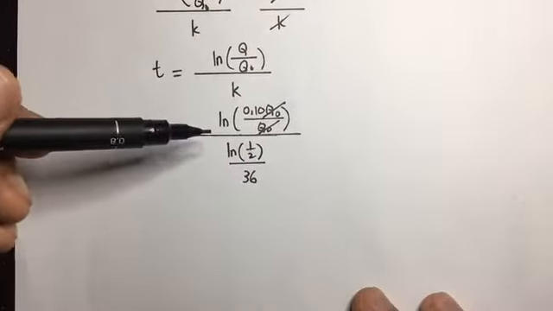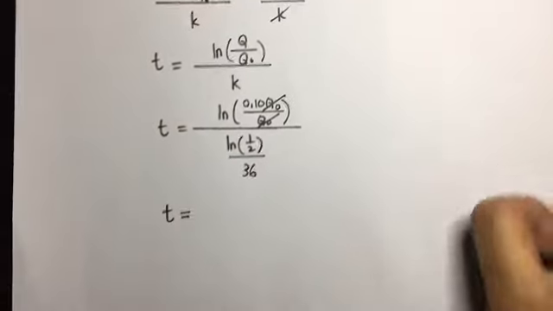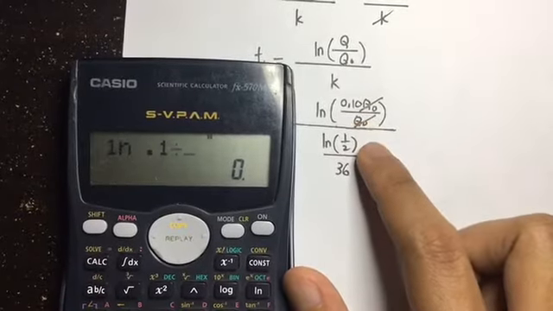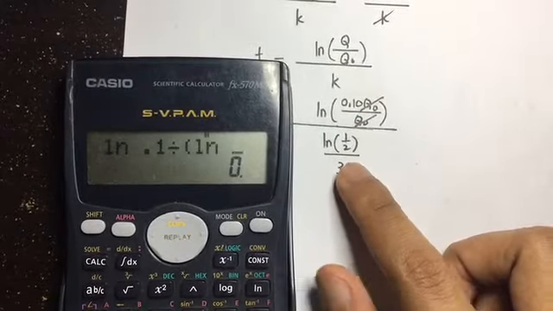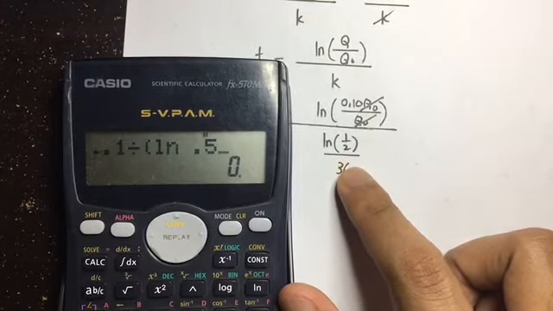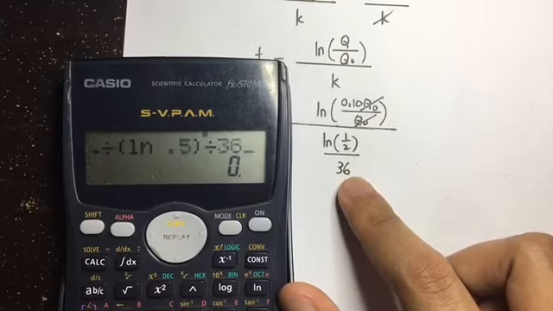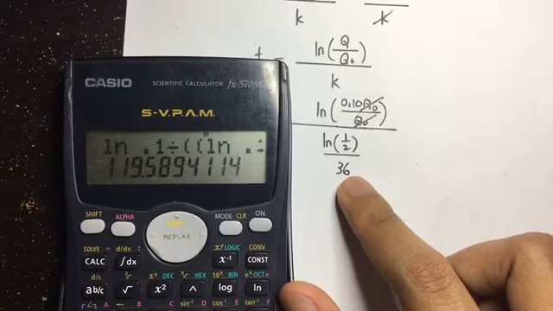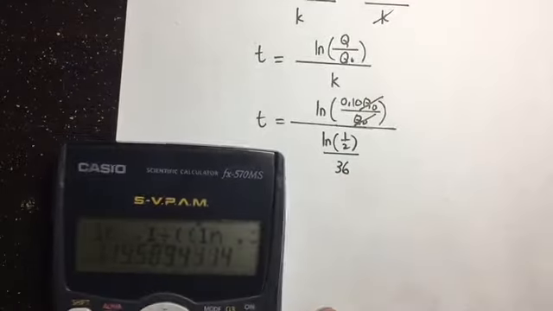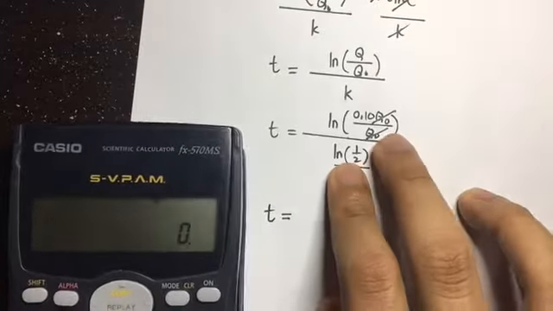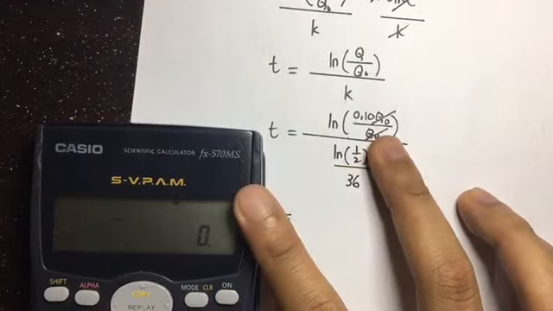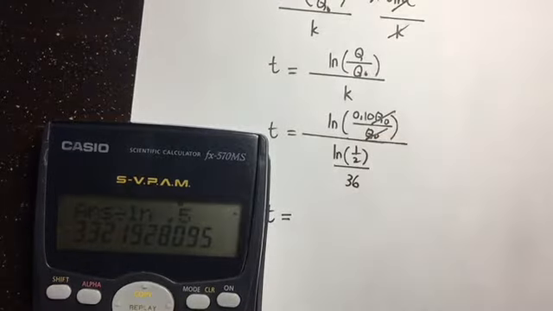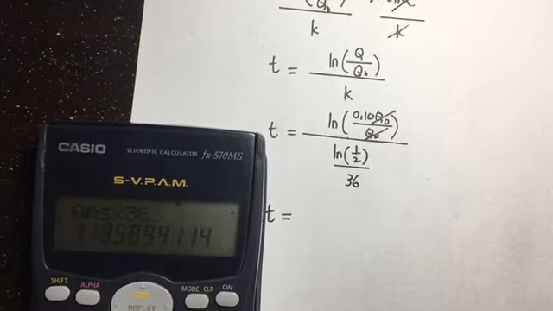Then t is equal to ln of 0.1 divided by ln of 1/2, which is 0.5, divided by 36, but we should place this inside parentheses. Again, ln of 0.1 divided by ln of 0.5, times 36.